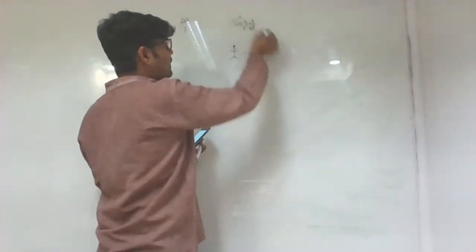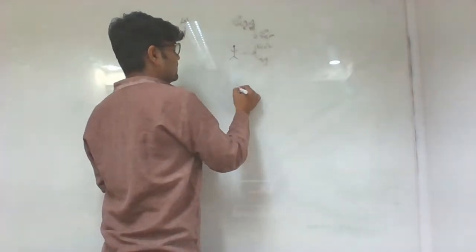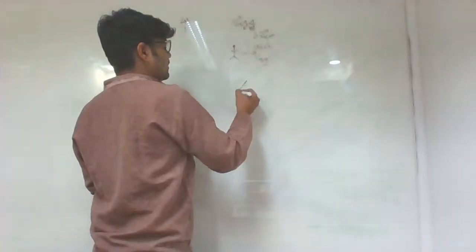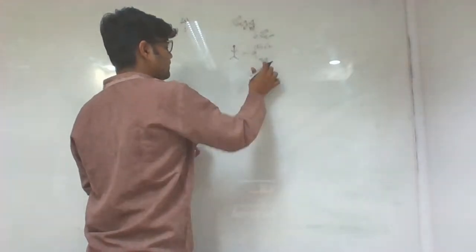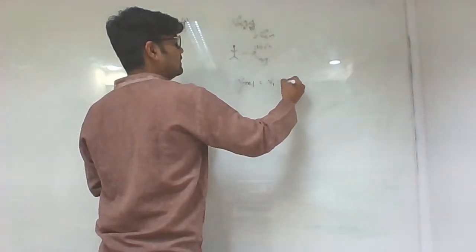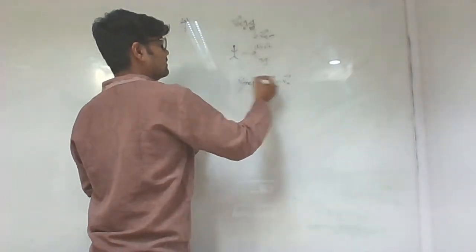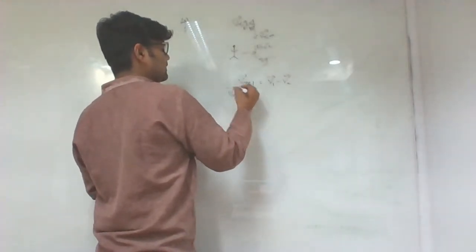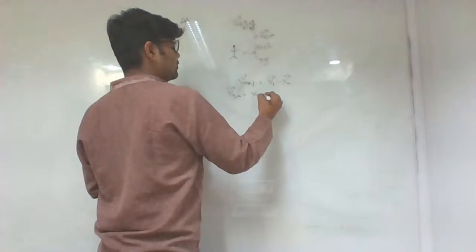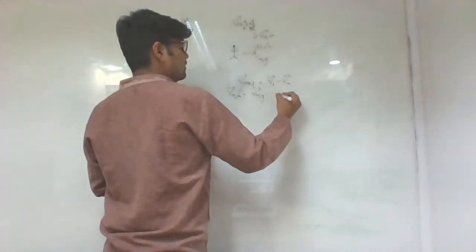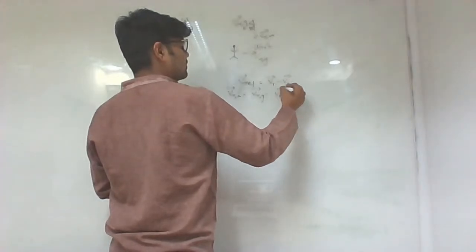Drawing this on a vector diagram, V relative is V1 minus V2 as vectors. So V rain with respect to man is V rain with respect to ground minus V man with respect to ground.